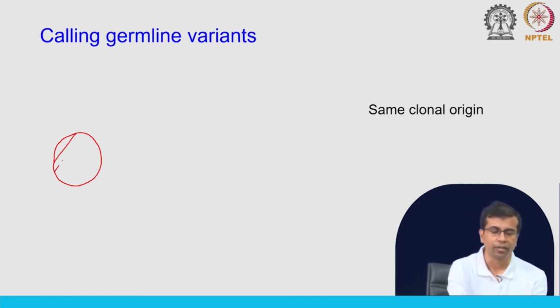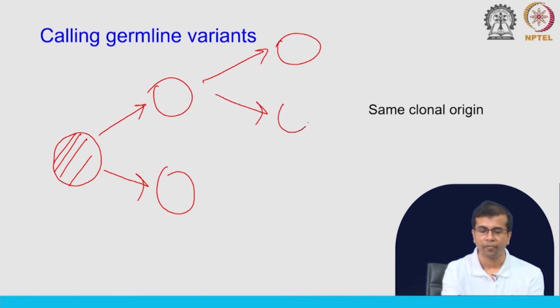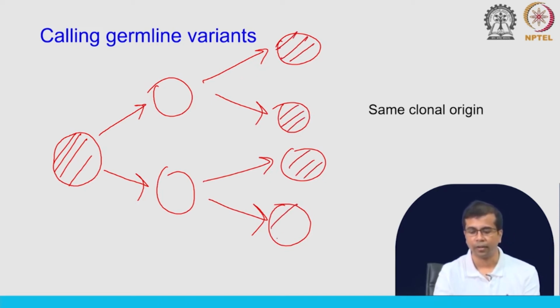So, this cell will have this variant present, right, and it is dividing then, okay. And what this means is all cells that are coming from this one here, right, they will be carrying this variant or this mutation, okay.